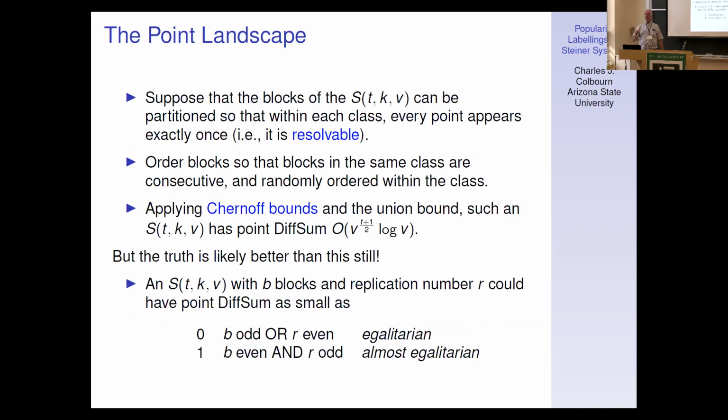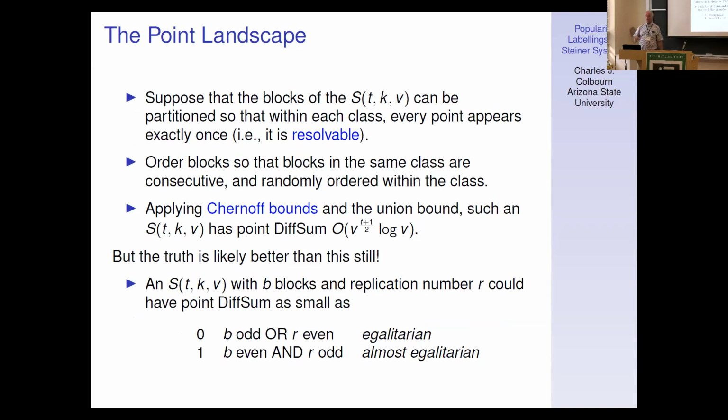Now, you can do better. If you say, I was looking for these alpha resolvable things, and all I could find was a whole bunch of stuff about resolvable designs. Even better, alpha is 1. Well, if you now have a partition into parallel classes, you can not just use Chebyshev's inequality, you can use Chernoff bounds.